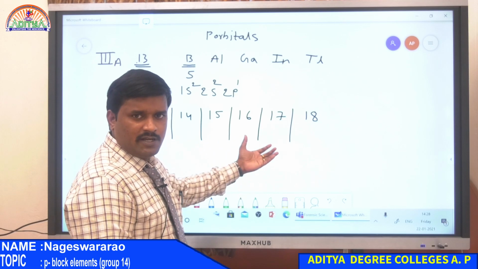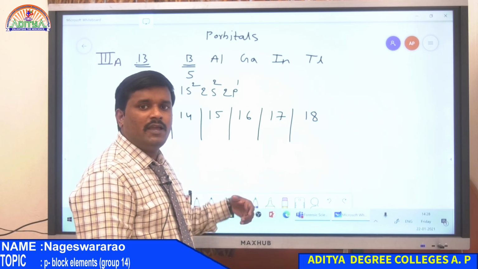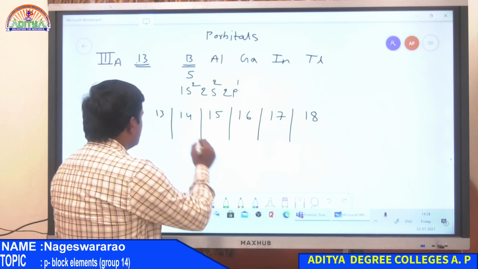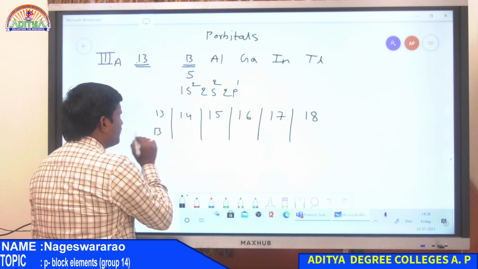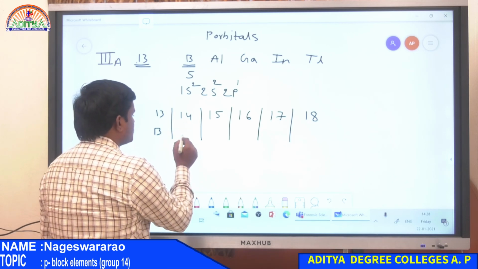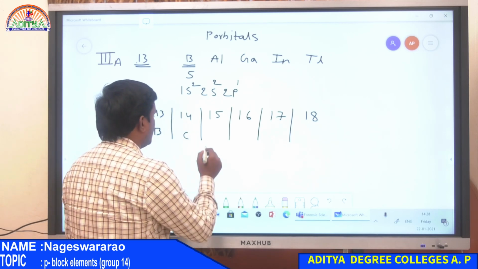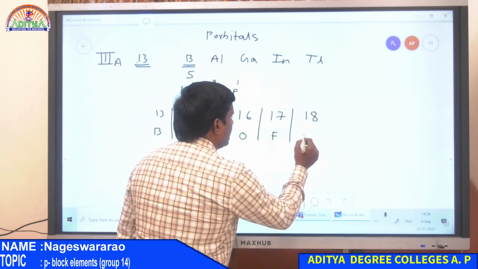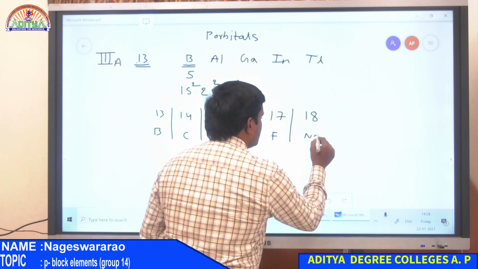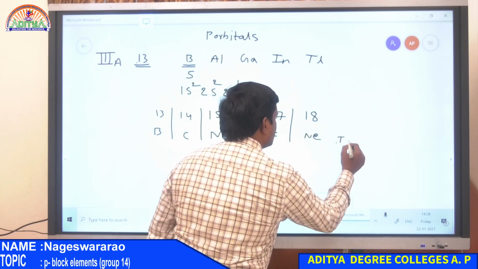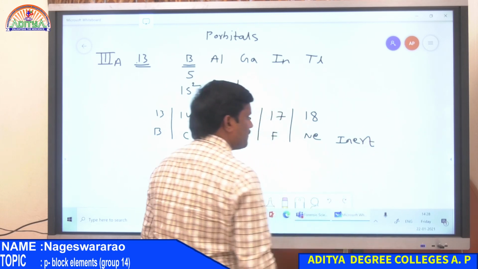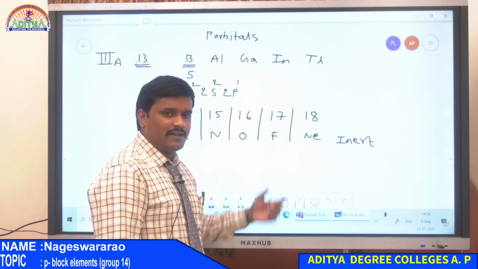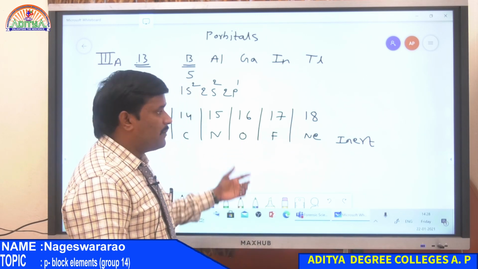In all of these the last electron enters into p orbital, that is why all are p block elements. The 13th group is the boron family, the 14th group is the carbon family, then nitrogen, oxygen, fluorine and here neon. These are noble gases, nothing but inert gases.